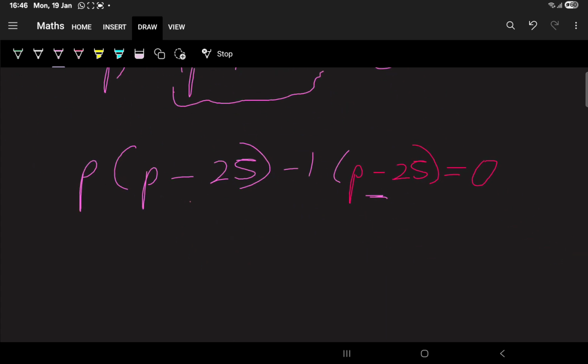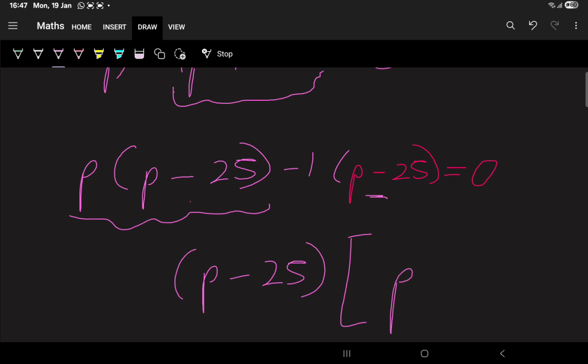Now what I'm going to do also is factor p minus 25, because it's appearing here and it's also appearing here. Factorizing p minus 25 from here, I'm left with p, and from here I'm left with negative 1.